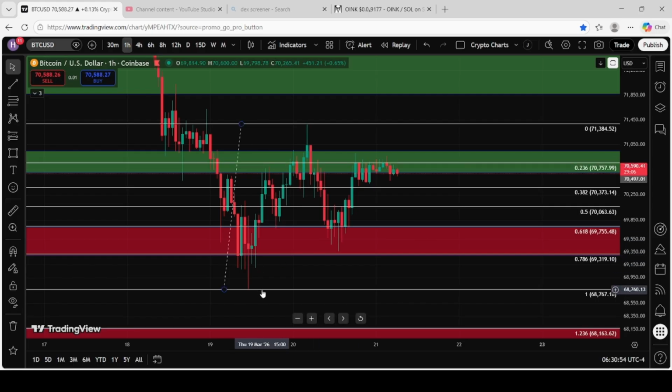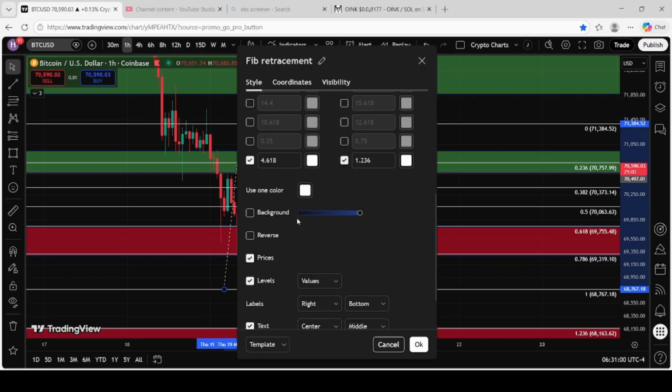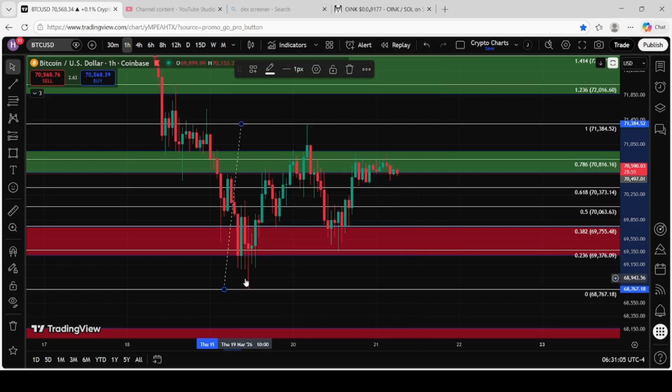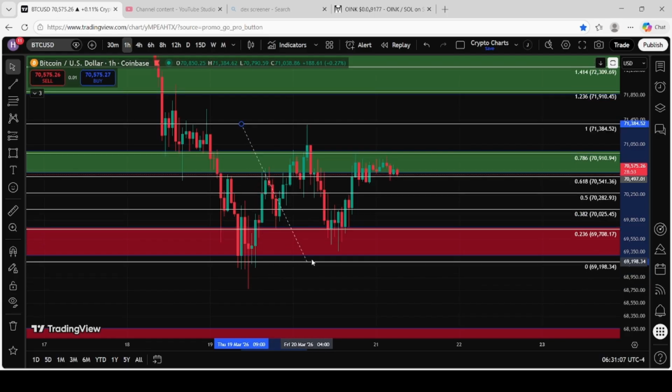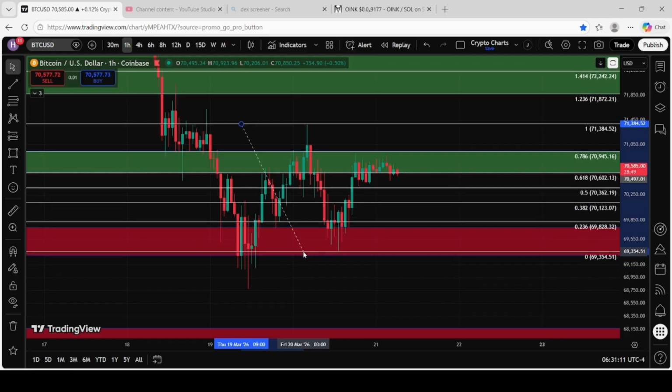And then you reverse the fib. So reversing the fib, and then you're going to move this up to where we bounced from. And I said, hey, if we got out of this red zone from this bounce point, we'll be heading to this green zone between the 786 and 618.